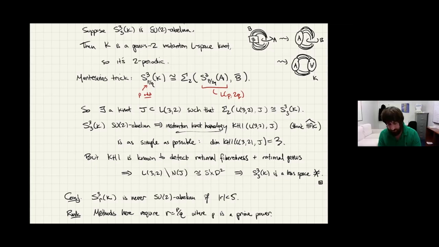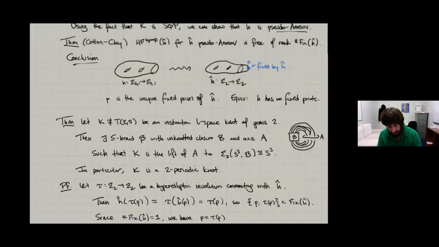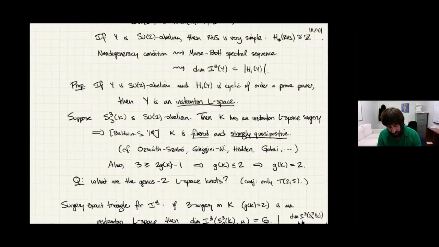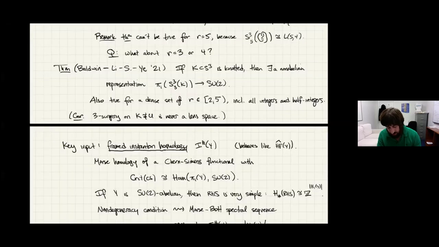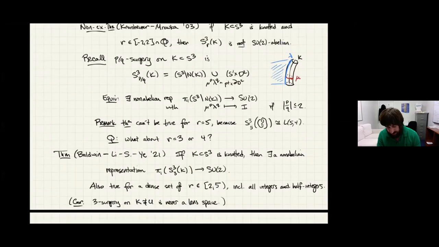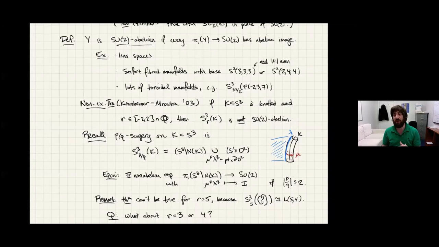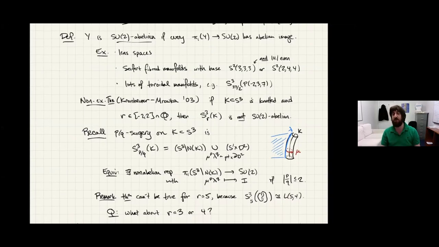We've got this list of known SU2 abelian ones, and as far as I know, it may be true that every strong L space in the Heegaard Floer sense is the branched double cover of an alternating knot. The toroidal examples I know are branched double covers of alternating knots.